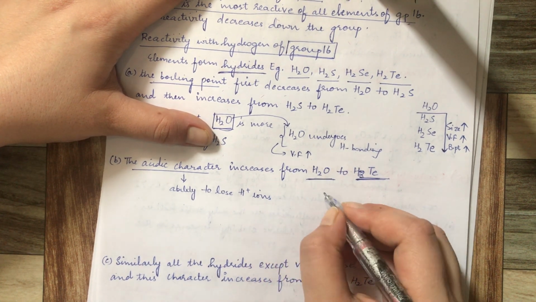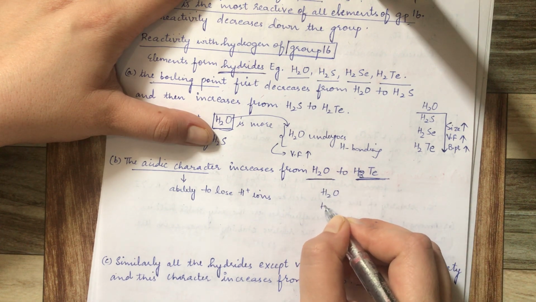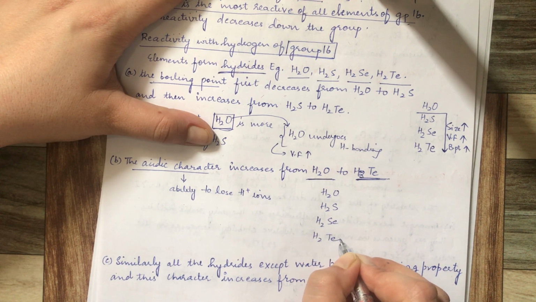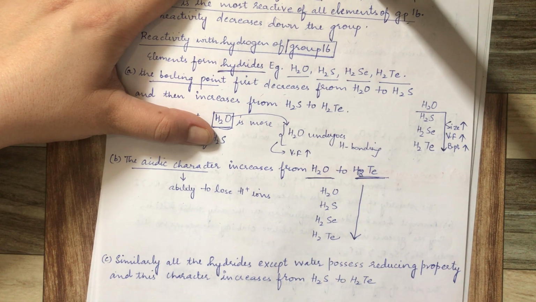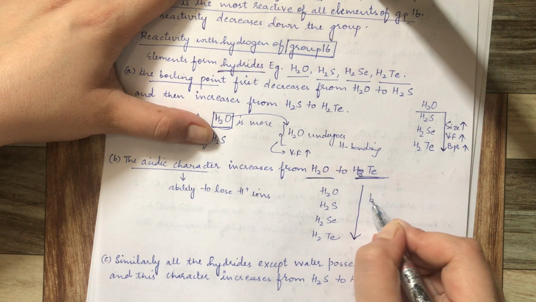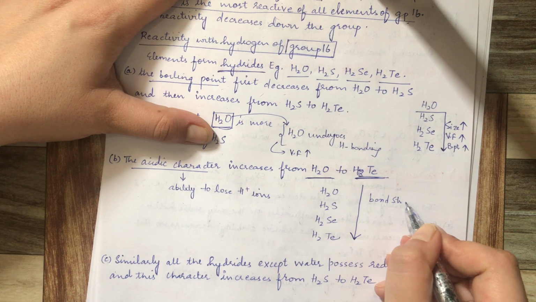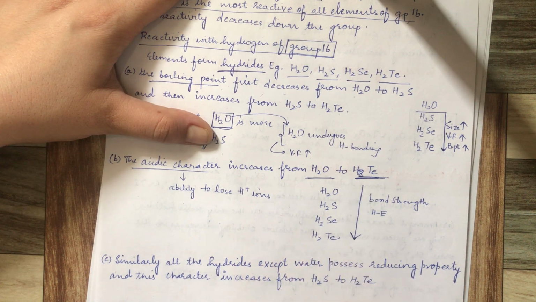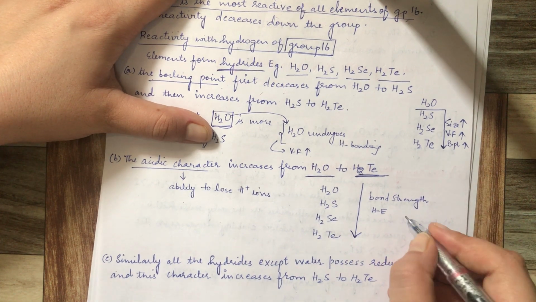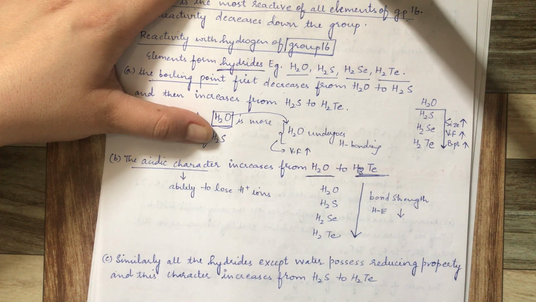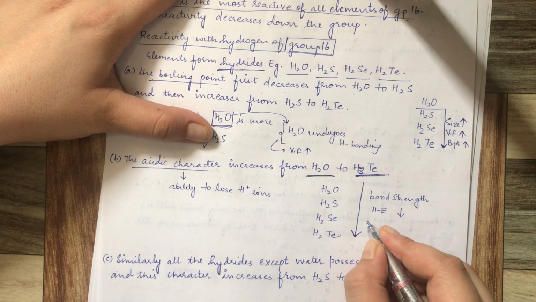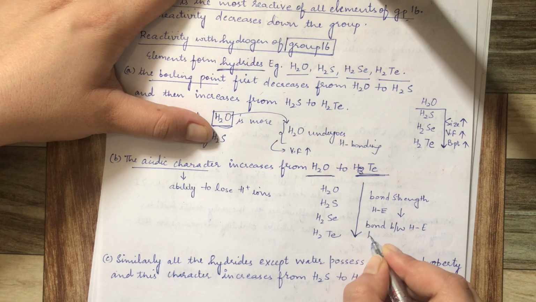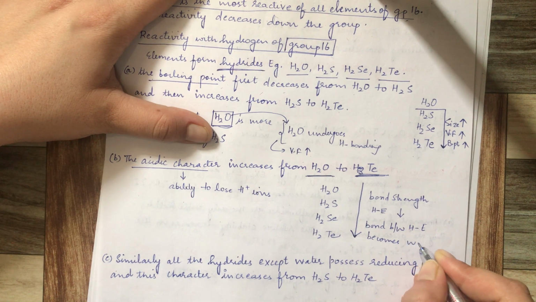Why is it so? As we move from H2O to H2S to H2Se to H2Te down the group, the bond strength between H and E, where E is either oxygen, sulfur, Se or Te, decreases. That means the bond between H and E becomes weak.